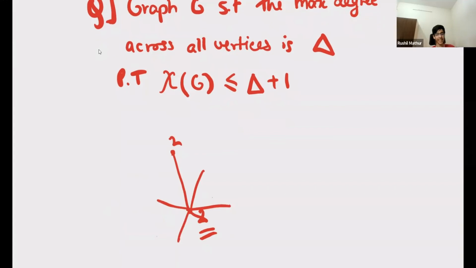Even with those delta neighbors, they could have accumulated at most delta colors, and still there's a delta plus one color which is left. So I can change this to that color. And now we have one problem less to solve. We've not created any new problems, right?